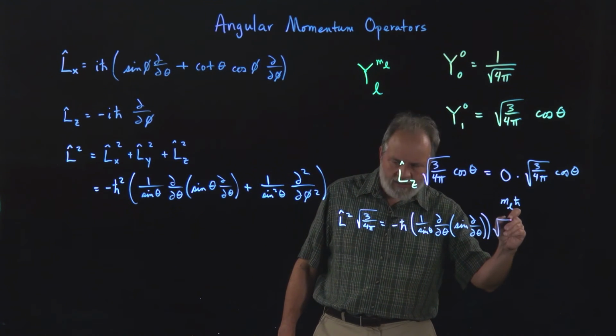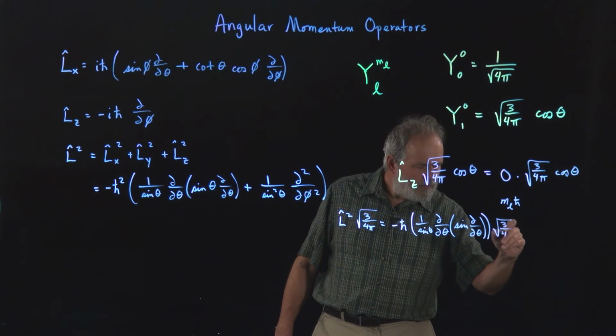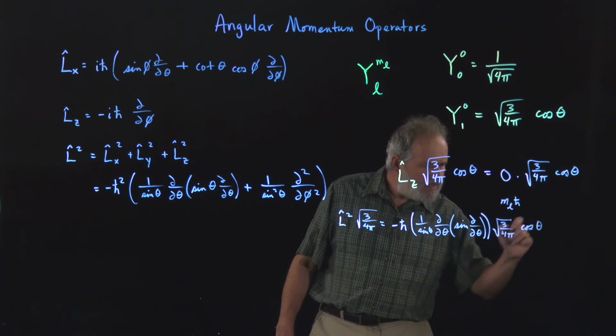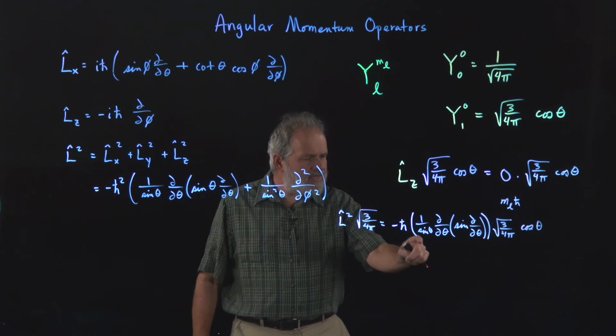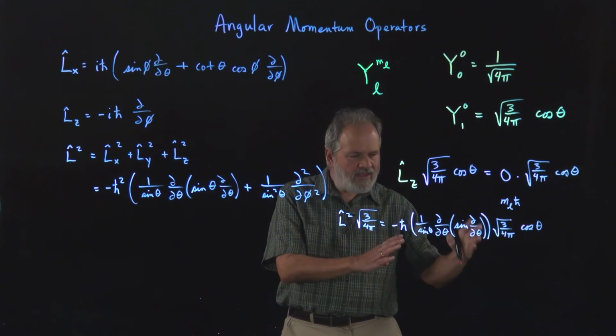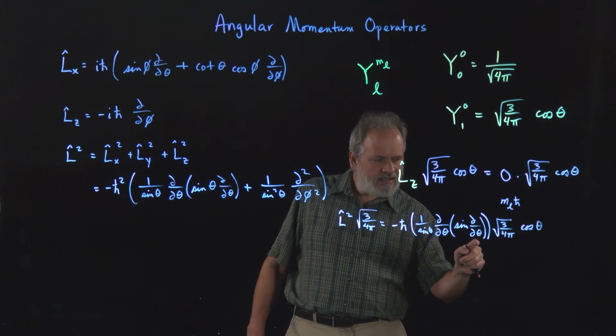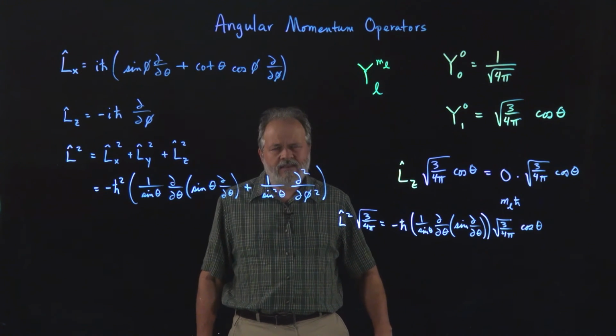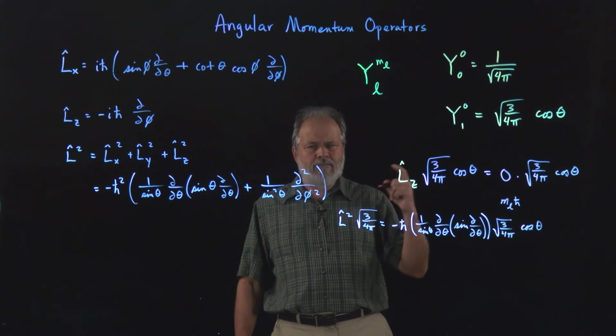Square root 3 over 4 pi cosine theta. All right, so now, this is a sequence of operations that we do. We have to do this one first. Because remember, if you have a sequence of operators, do the one that's next to the function first. So the first thing we have to do is take the theta derivative of cosine theta, and that is minus sine.